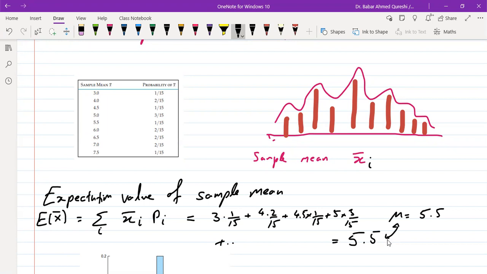And that is also equal to the population mean. And actually you can check, take it as an exercise, take samples of size 3, size 4, size 5, any size. Once you take a sample of any size, compute its sample mean, and take its expectation value, it tells you that it's equal to the population mean.